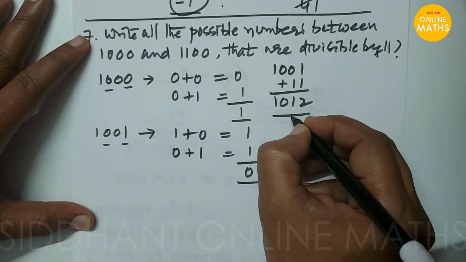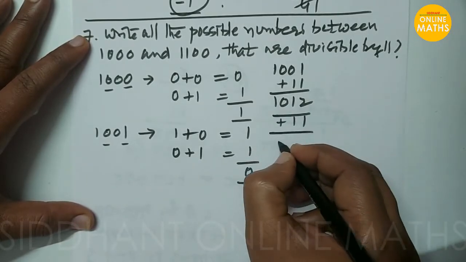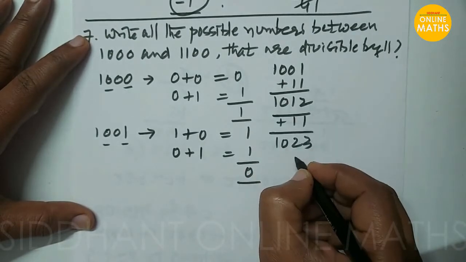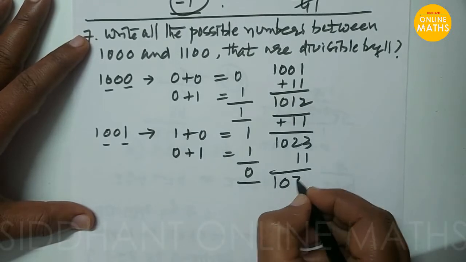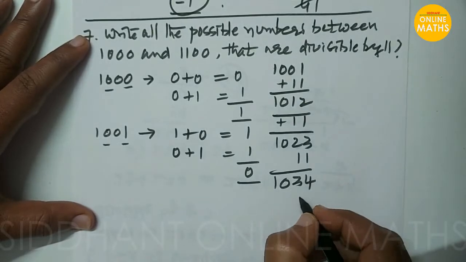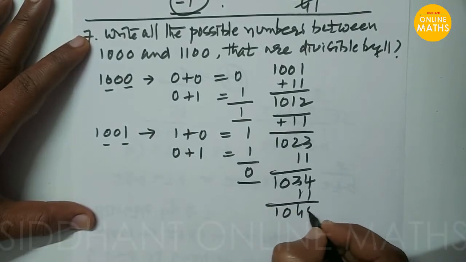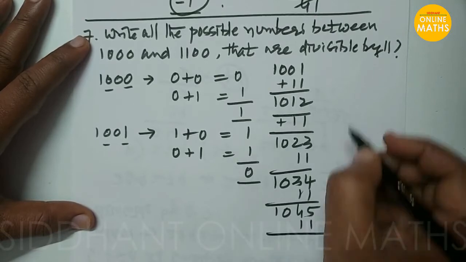If you add 11 to this, you get 1023, and adding 11 to this, you get 1034, and adding 11 to this, we get 1045.